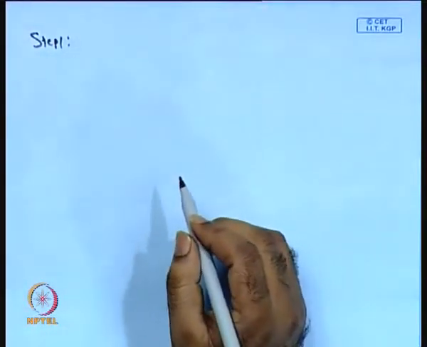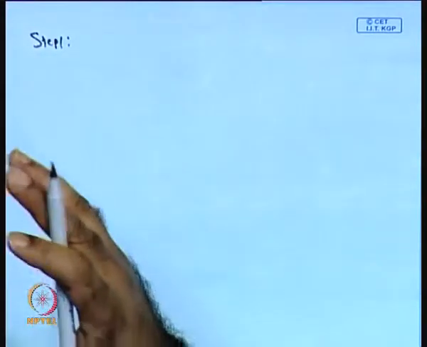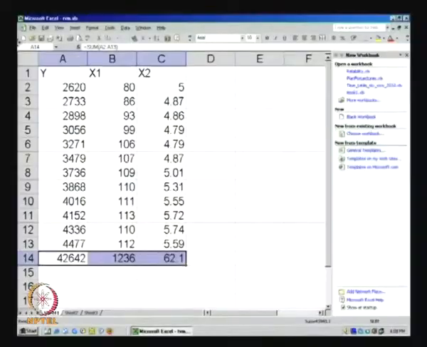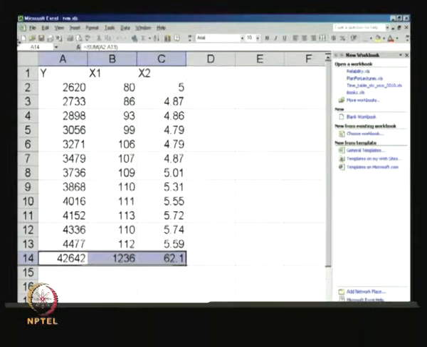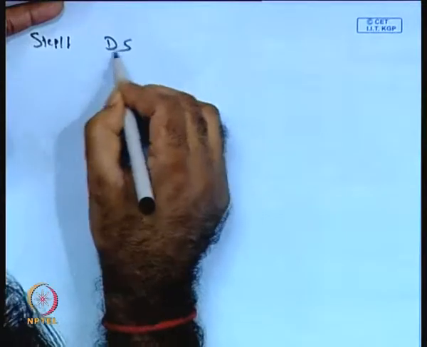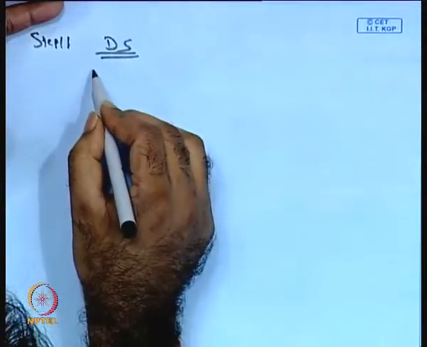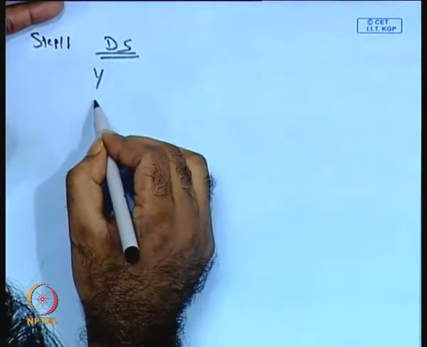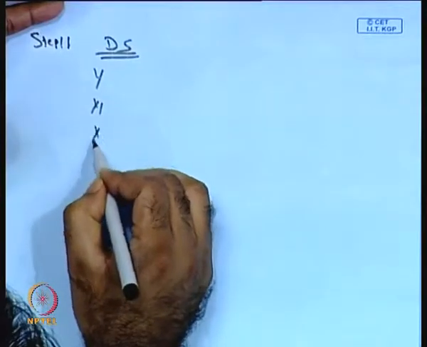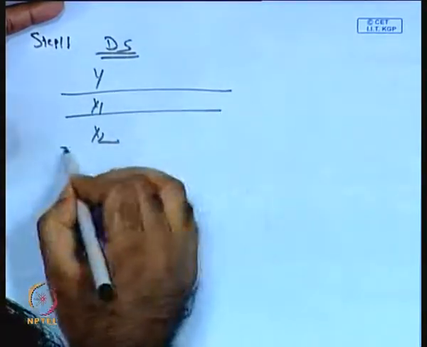Step 1, as usual, we like to present the descriptive statistics. This descriptive statistics will give you a briefing about the structure. The structure will be y, x 1, then x 2.